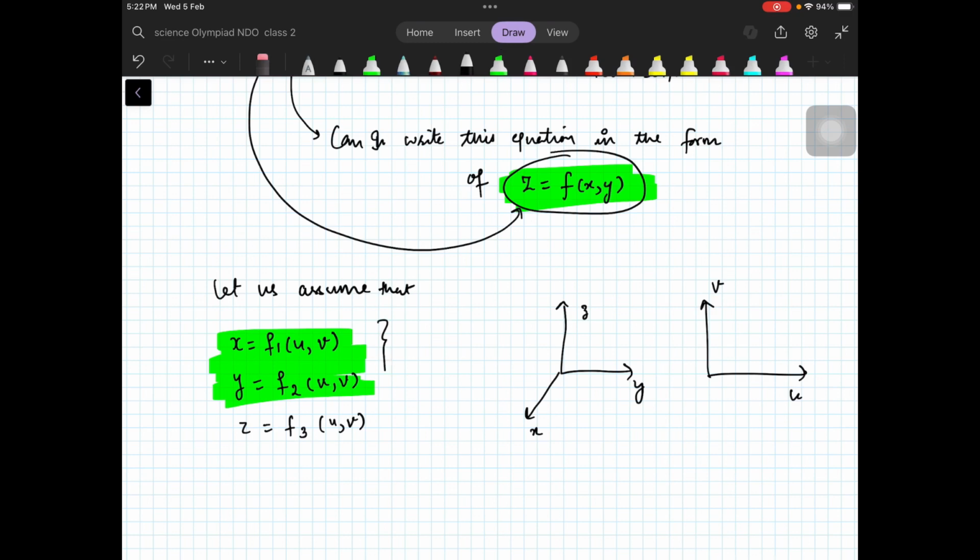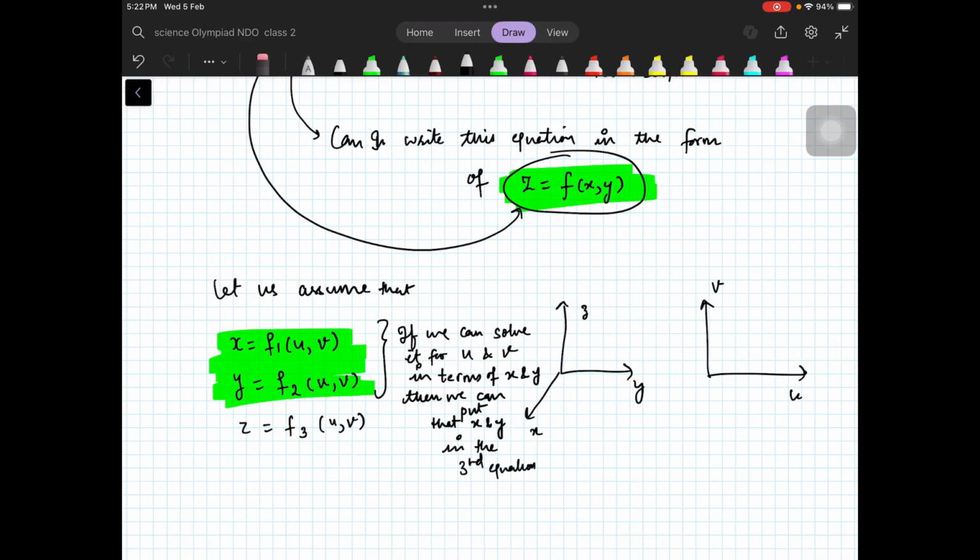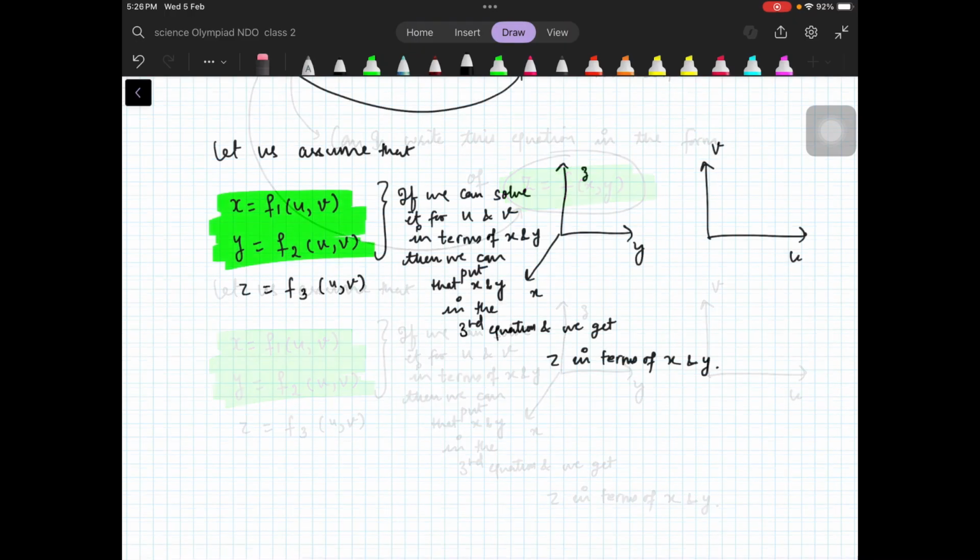If we can solve it for u and v in terms of x and y, then we can put that x and y in this third equation, and we get z in terms of x and y.